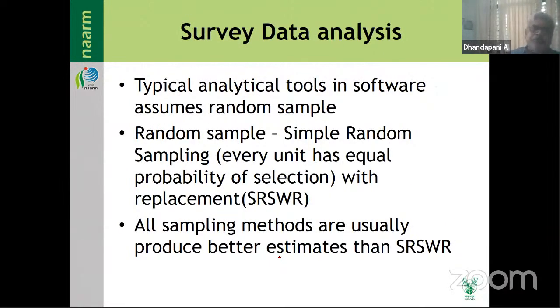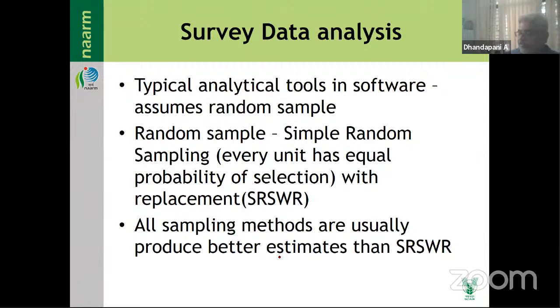So if you are going to use survey data for fitting a regression model or anything, then what is going to happen is, say I collected some data, and I go and run it in SPSS or any other software. Say I want to run a regression, so I run it as a regression.